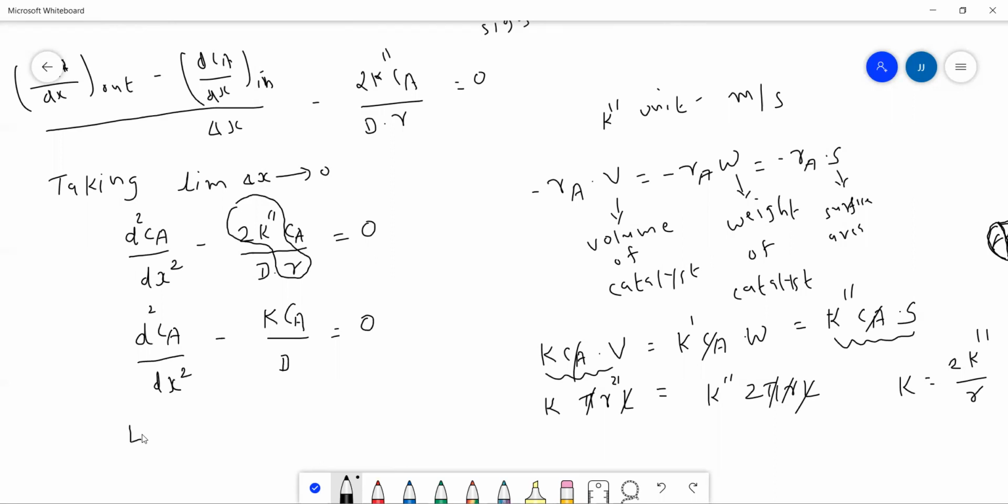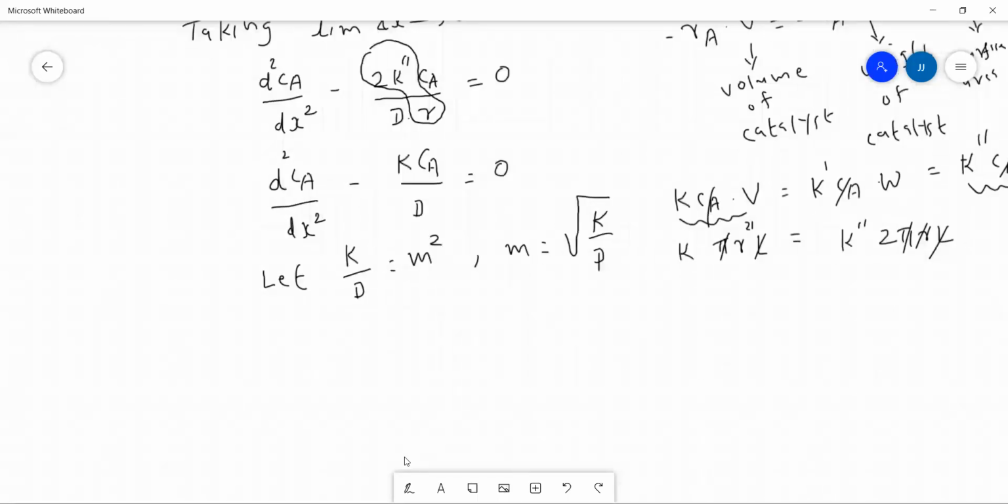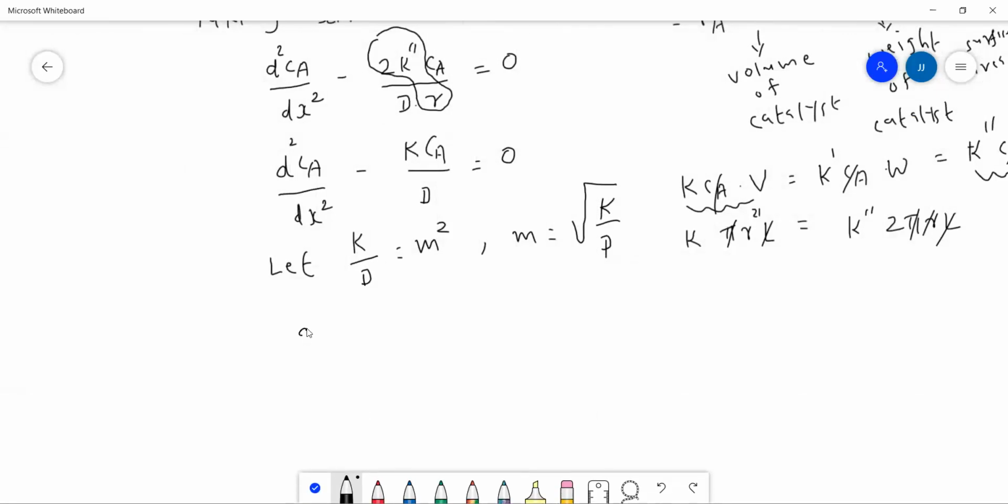Now let K by D be equal to M square, where M is equal to the square root of K by D. So this equation becomes d square CA divided by dx square minus M square into CA is equal to 0.